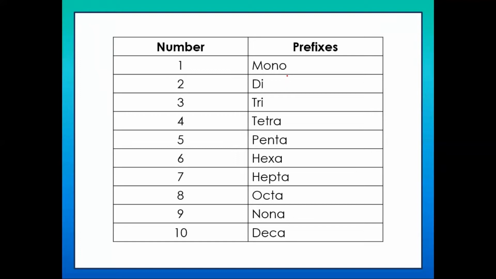So prefix is added before an element name, while suffix is added at the last part of an element. Hopefully you recall that in your English subject.